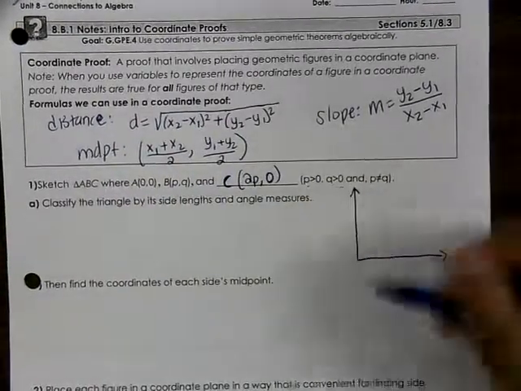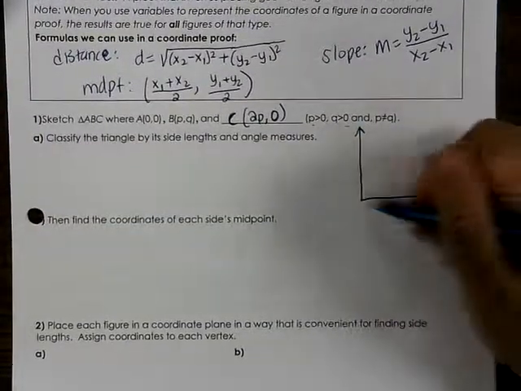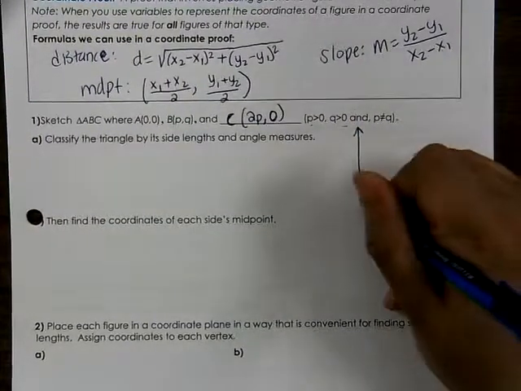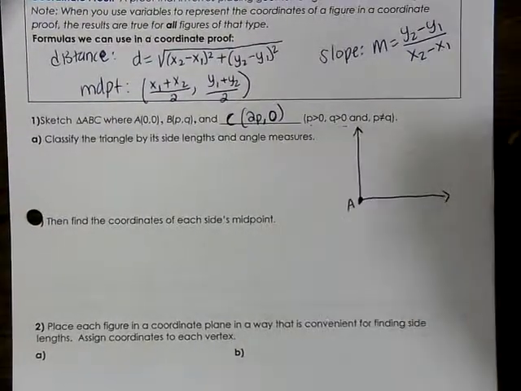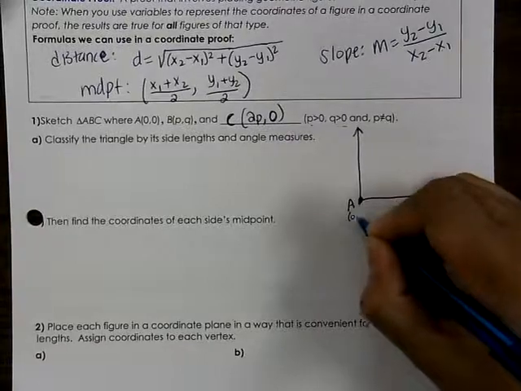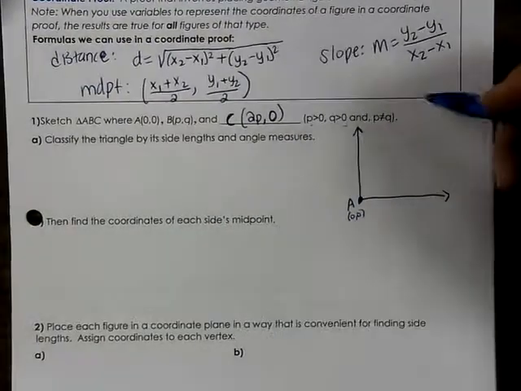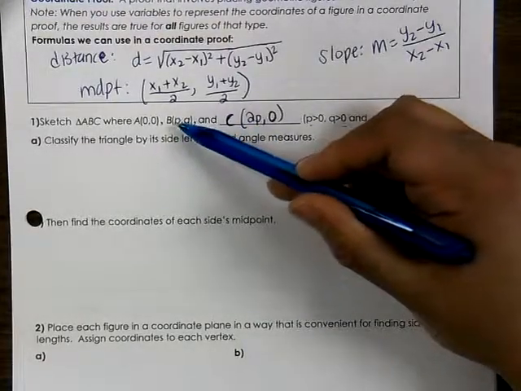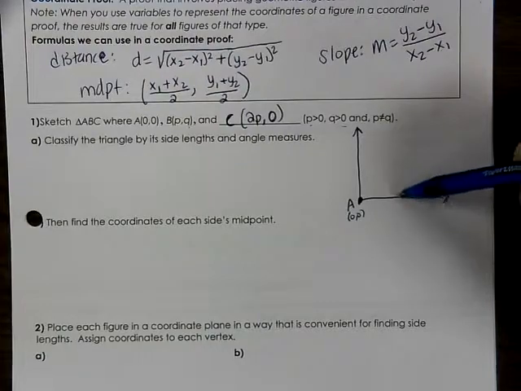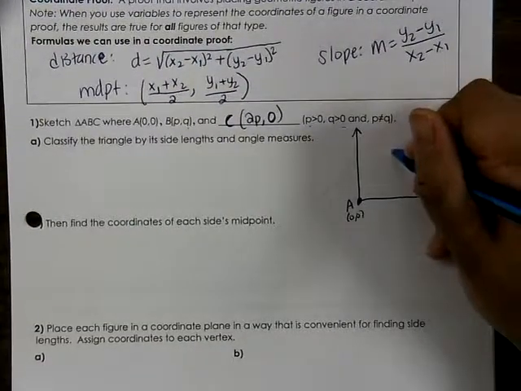We only stick in our first quadrant here because it says p and q are greater than 0, so we're staying positive. The easiest point to plot first is your A, obviously, which is at the origin. So you want to label it A. You can also put the coordinate there, 0, 0. Then we're going to label our other 2 points. Now, P, Q means the B value has to go P units to the right and Q units up. But we don't know what they are, and that's okay. You can pick kind of the location.